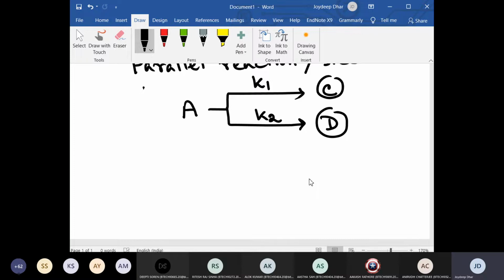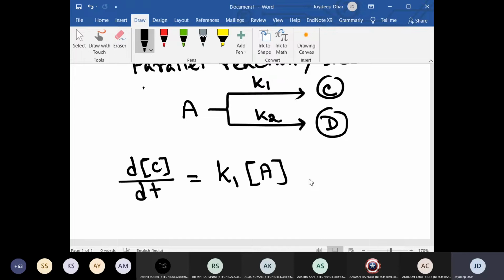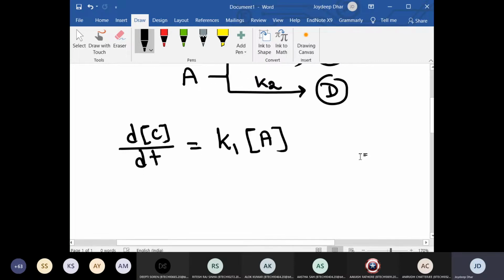If I write with respect to product C, then the rate with respect to C, that is dC/dt, will be K1 into concentration of A. So I can write this dC/dt, as well as I can write with respect to compound A. So that I will be writing in the next step.